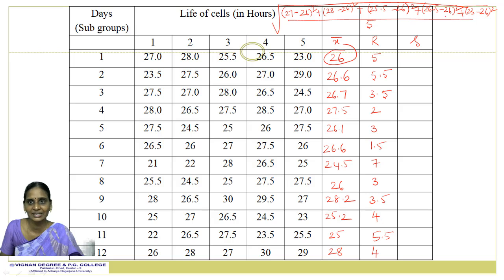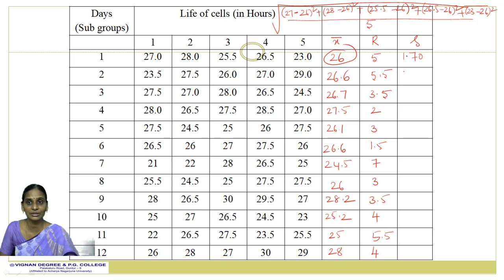So we get the standard deviation value for the first sample, that is 1.70. In a similar way, we find the remaining samples' standard deviations.